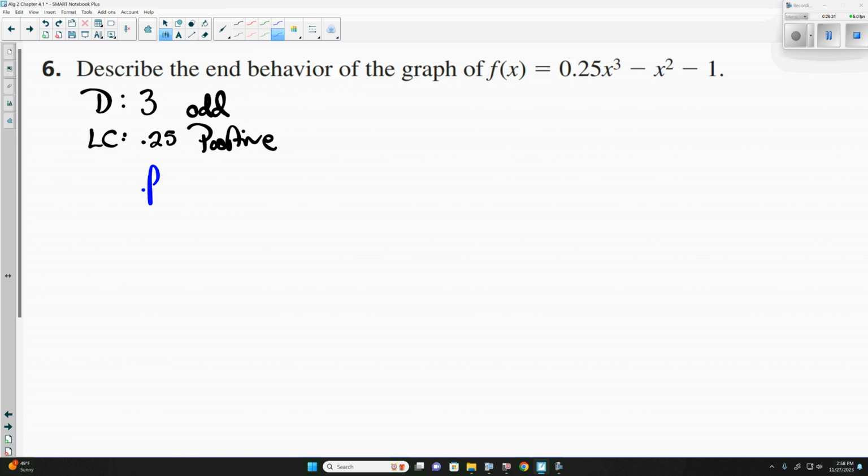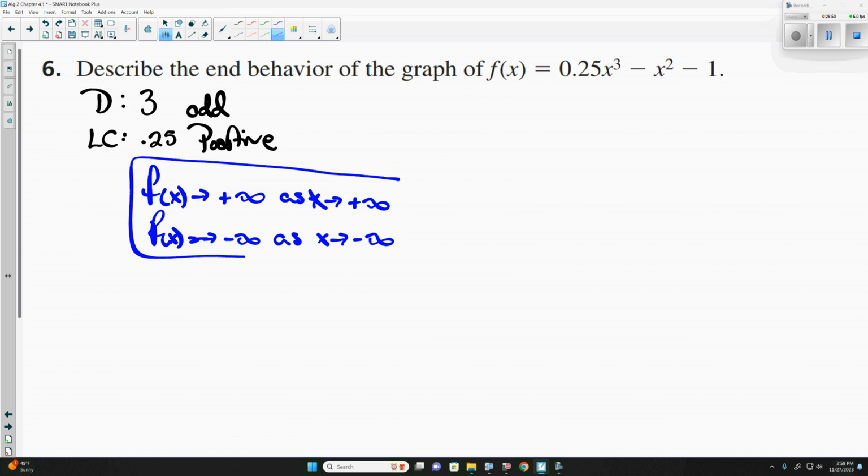If we look at our chart, it tells us that f of x approaches positive infinity as x approaches positive infinity. And f of x approaches negative infinity as x approaches negative infinity.